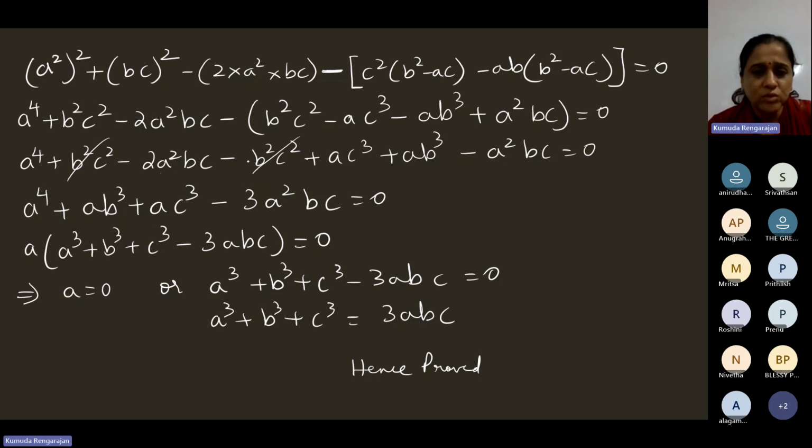Now I looked at the 4 terms available and arranged them in this order: a to the power 4 first, then ab cubed, ac cubed, and then these two make minus 3 a squared bc is equal to 0.